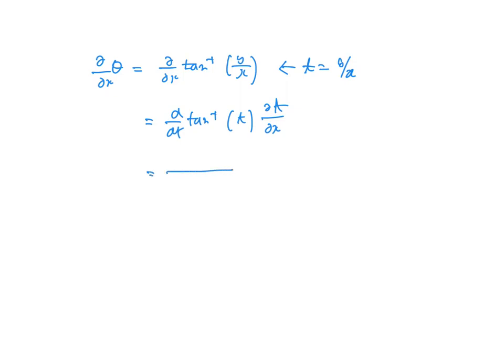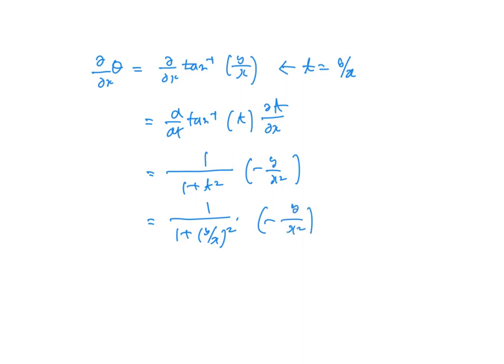So 1 over 1 plus t squared, and this is minus y over x squared. And that is 1 over (1 plus y over x squared) times minus y over x squared. So that is 1 over (x squared plus y squared) times minus y, which is 1 over r times minus sine theta, over r.